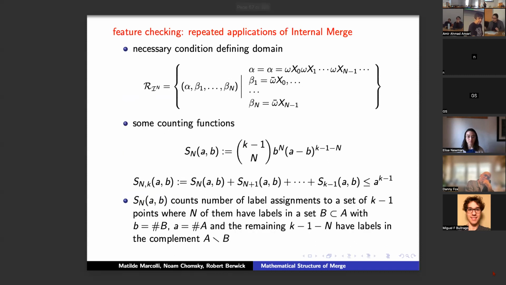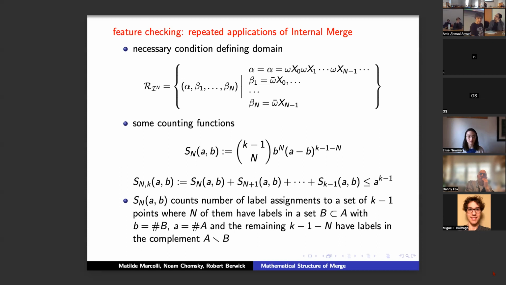But when you start to iterate, and you want to do an internal merge n times in the course of your derivation, the dimension of what you're looking for inside what you have again depends on a combinatorial formula, which basically comes out of a simple binomial theorem.